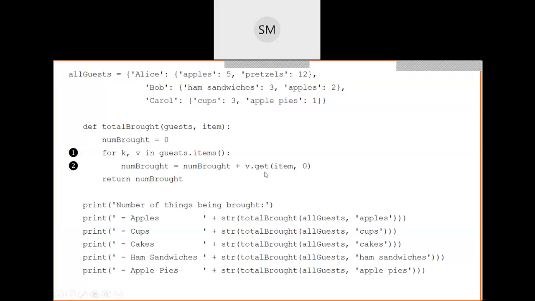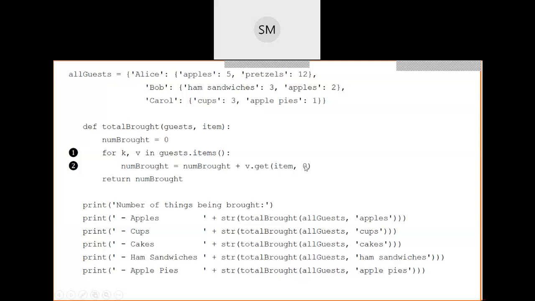What this get method is doing is, it searches for a particular key in our dictionary, and it returns its value to us. And if that key is not present in our dictionary, it just returns the value we write in this argument, that is nothing but it returns a 0. So it is searching for a particular item, and if that item is not present, it returns simply 0.